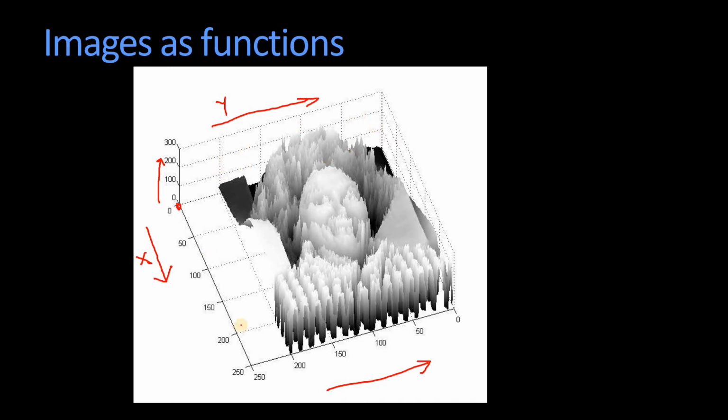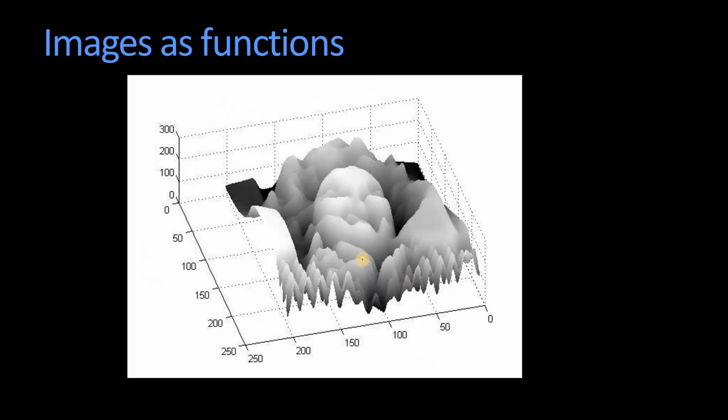Every image will have its own set of values. Maybe I will write this one as x, and this one more closely represents y. So this is an image that I represent as a three-dimensional graph.